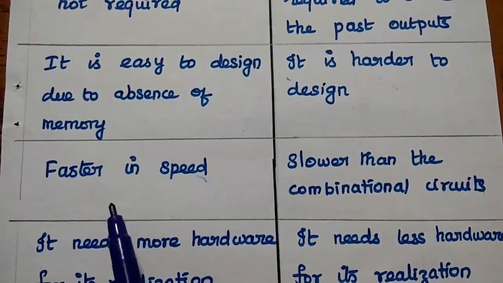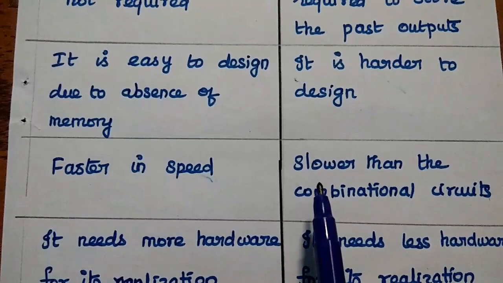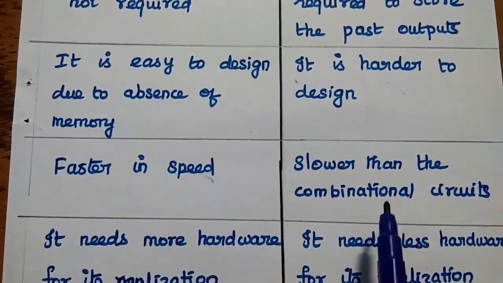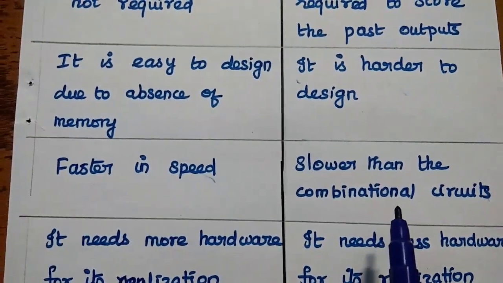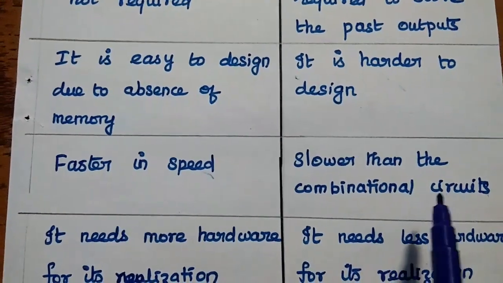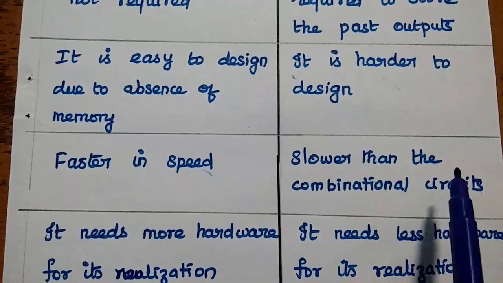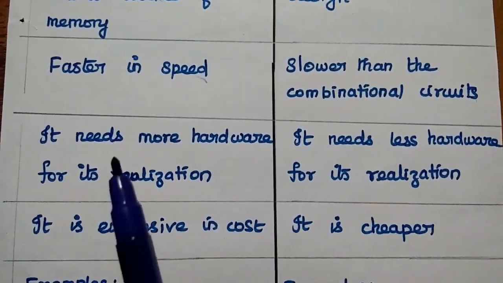So its operation is faster, but in sequential circuits its operation is slower than the combinational circuits because the output depends on both the present inputs as well as past outputs. So for that its operation is slower than the combinational circuits.